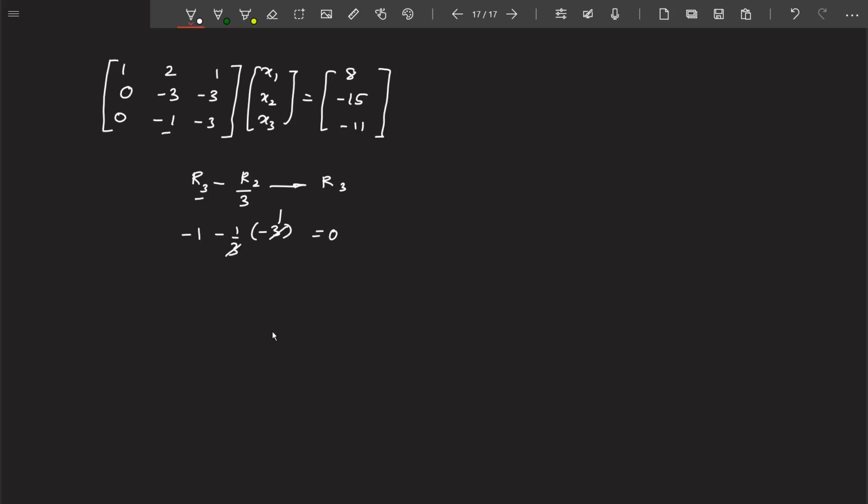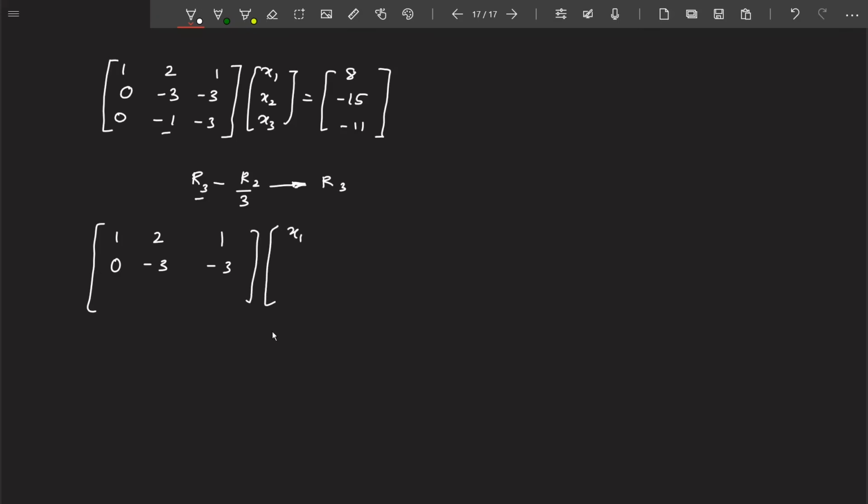So perform any operation, just try to make this 0. Okay, it's your job. Again, row number 1, nothing is going to change. Row number 2, nothing is going to change, so we'll write it as it is. Only row 3 is going to change.